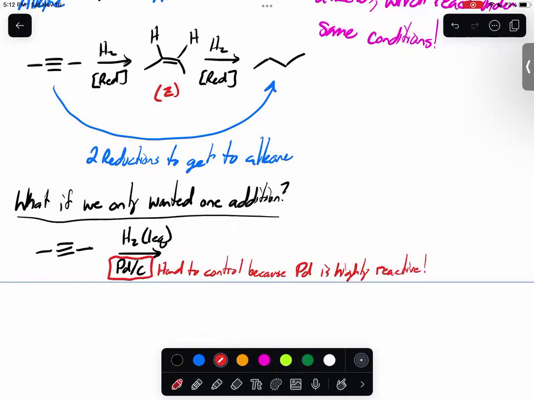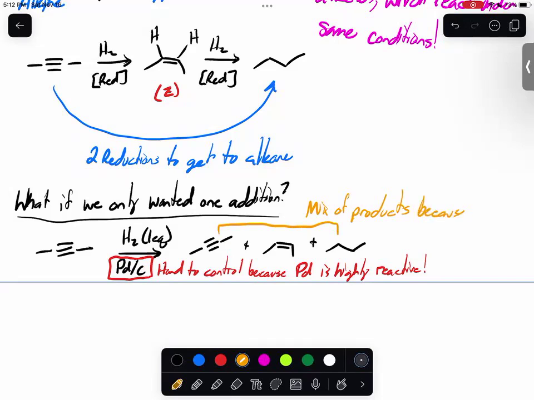So what we end up seeing for products is that we have alkyne, we end up with the Z alkenes, and we end up with the alkanes. Because some of the alkenes actually react fast enough that they end up forming the alkane. So essentially, this right here is just a mix of products because both can be reduced. And that's a problem if we want to end up only adding one.